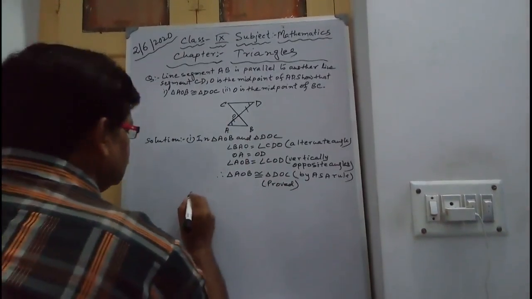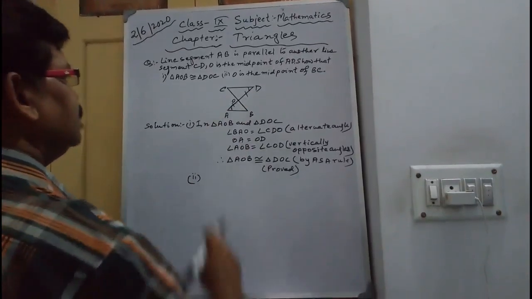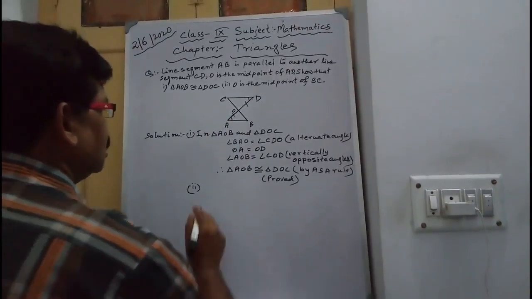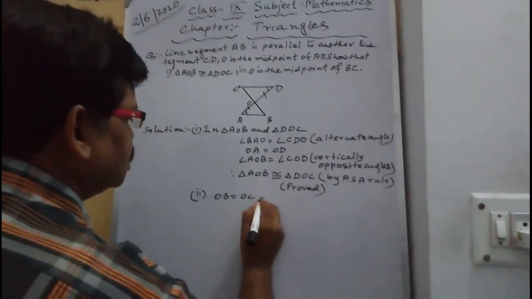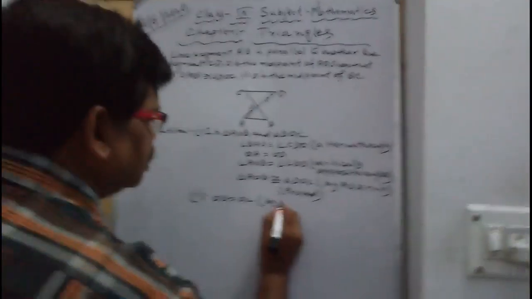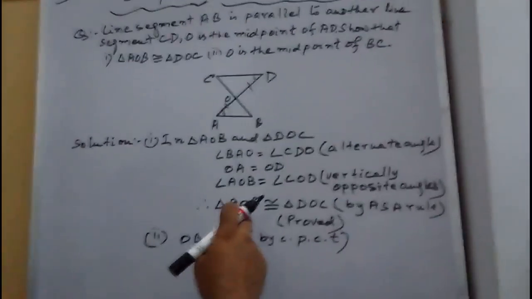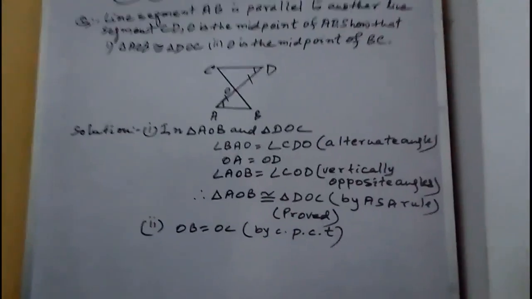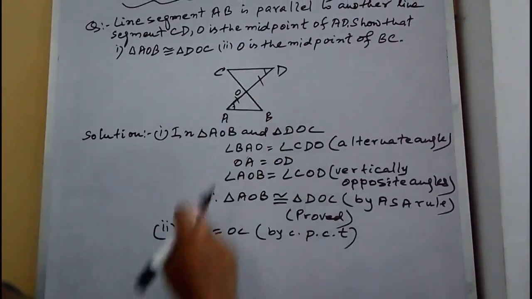Now number two, O is the midpoint of BC. OB equal to OC by CPCT. As we have put that the triangles are congruent, these two are parts of the congruent triangles.